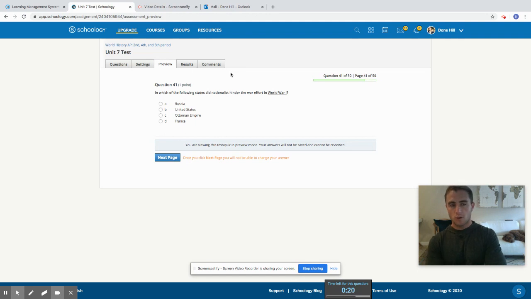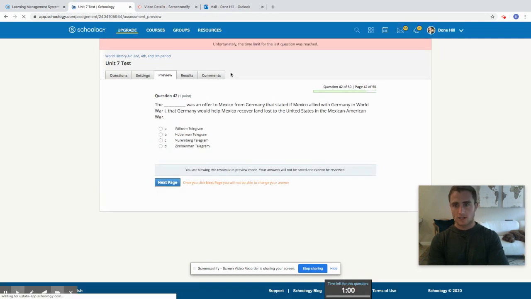I am going to post the test correction sheet on Schoology so that you can access it and print it out. On the test correction sheet, I will let you type it rather than having to do it by hand. And so that's a good thing.